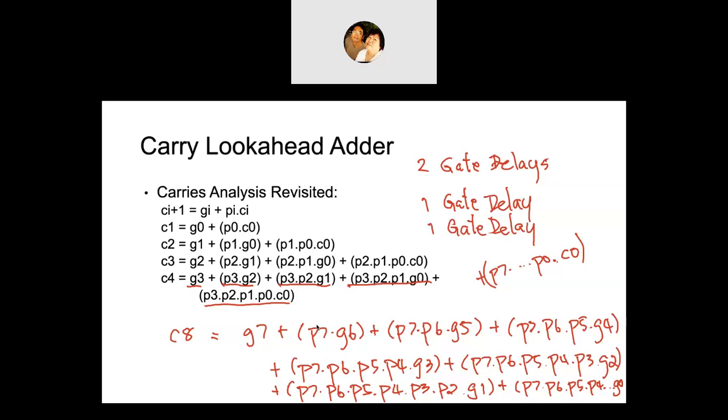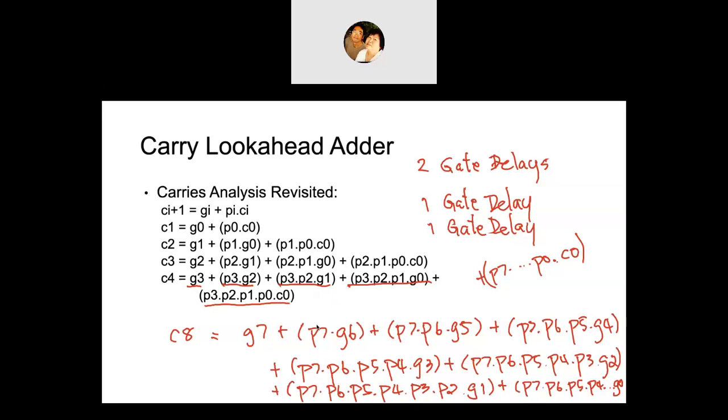Do we have to wait between P and G, or can they simultaneously do the thing together at the same time? It can work in parallel, right? They can work in parallel.